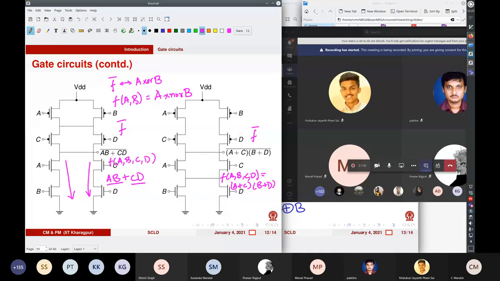All right. So just try to use that principle to draw the circuit structure of the XOR gate. And you can post it in your notebook.